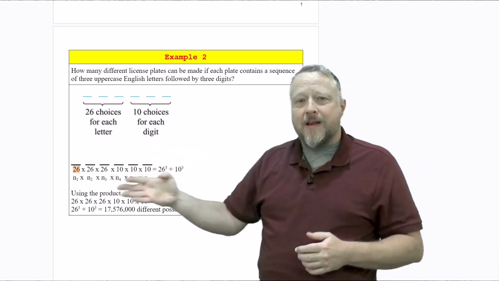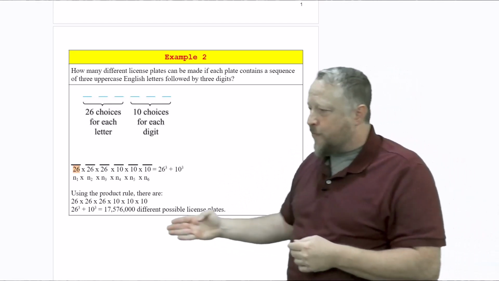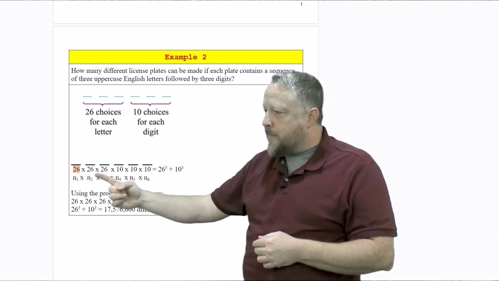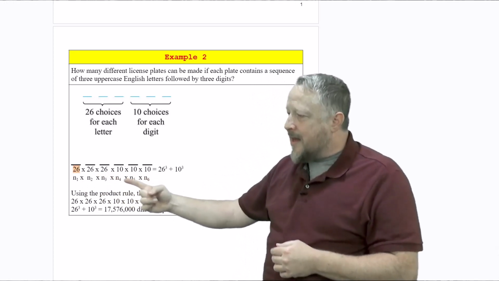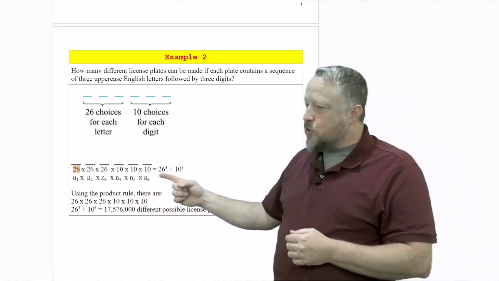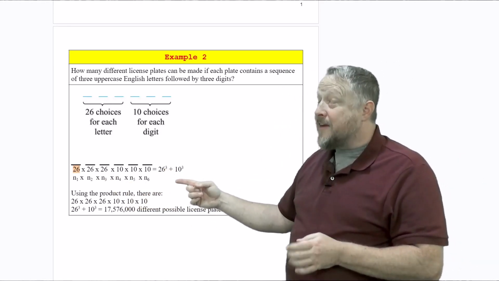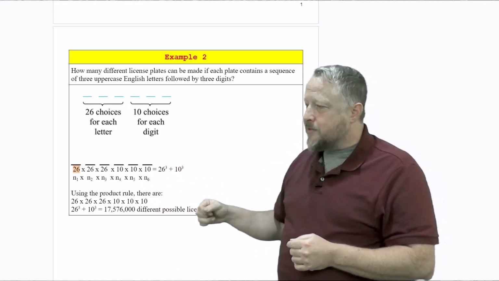Notice the multiplication again, because I want my different options. The first 3 are going to be times 26, the last 3 are going to be multiples of 10. So we have 26 to the third for the first 3, and 10 to the third for the last 3.